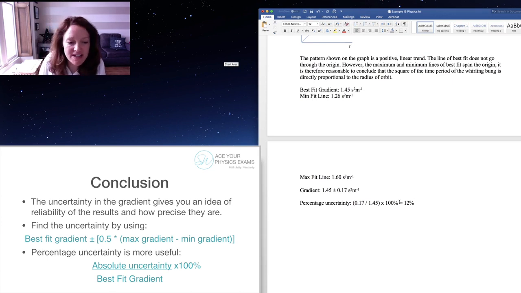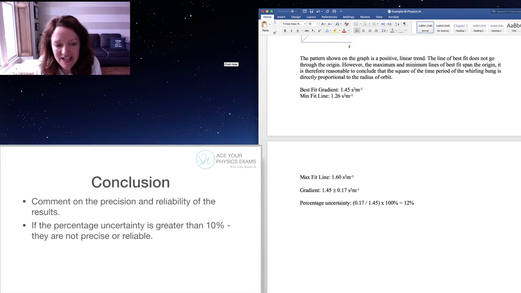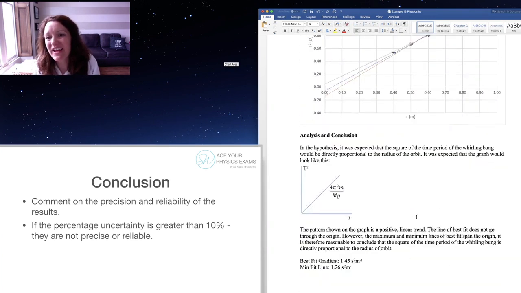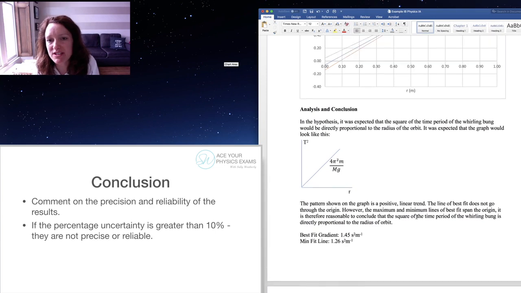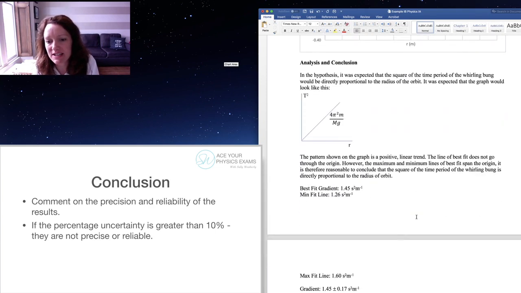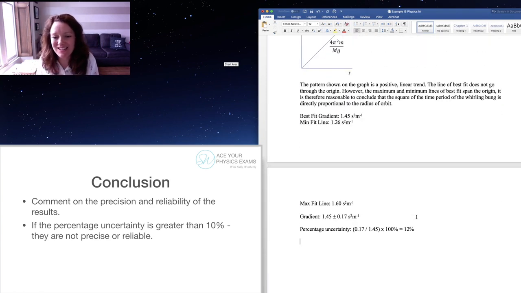So the percentage uncertainty in the value of gradient is 12%. That tells us that the results are not very precise and they're not very reliable. I think anything under 10% would say that it's precise, but anything over 10% says we're not too precise.